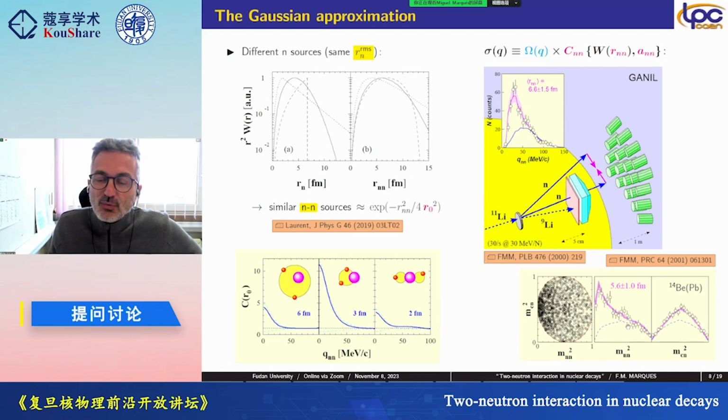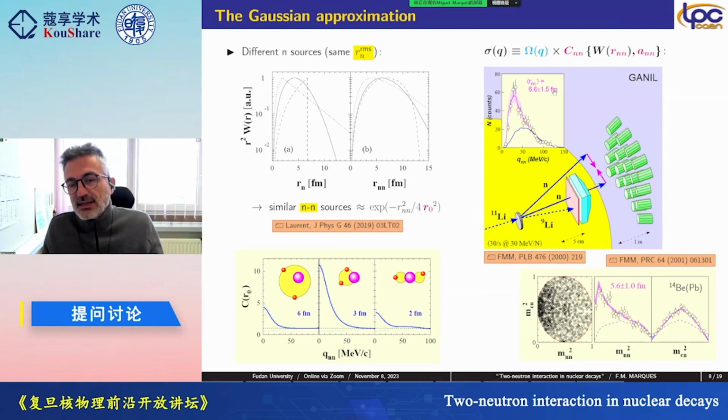Then we did beryllium-16 at RIKEN, and with the model from Casal, we realized that you can construct the signal, but this number here for me is not very clear. So this is very effective. We cannot really say that the wave function of lithium-11 has this neutron-neutron distance. This is the result of this effective description.